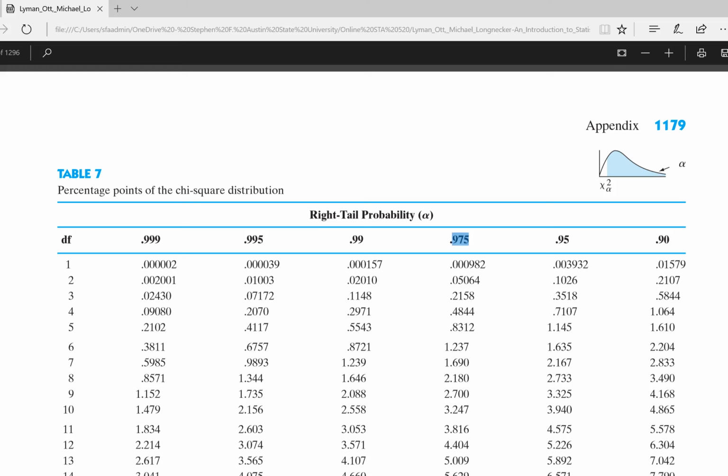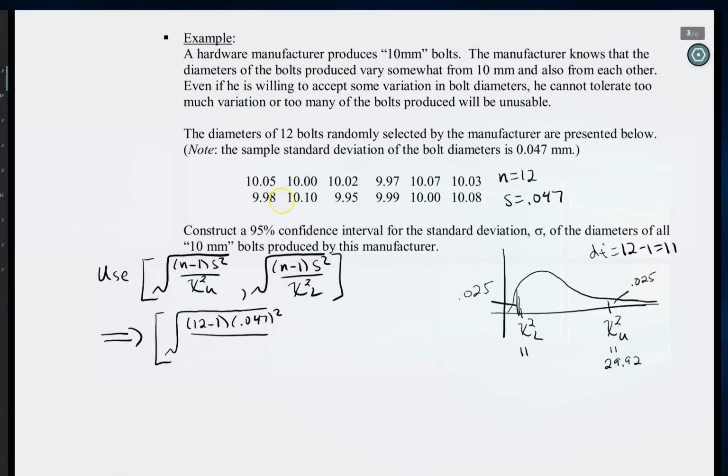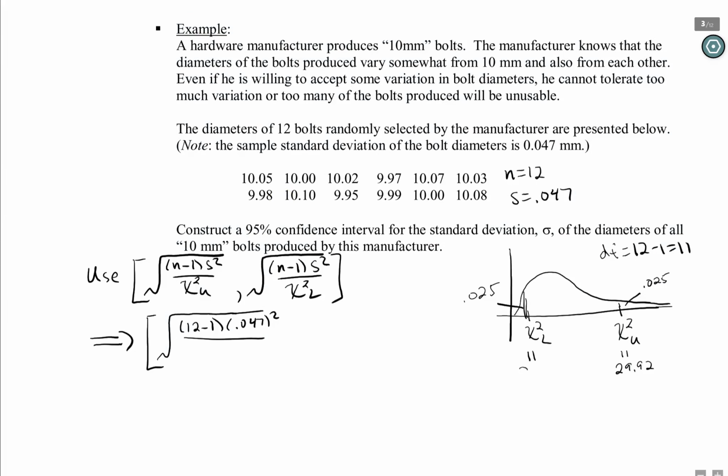So I want to look in that column. Degrees of freedom again is 11, and that chi squared value is 3.816. Okay, so going back to our notes, this value is 3.816.